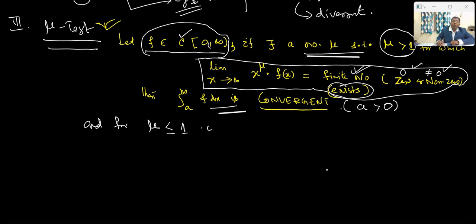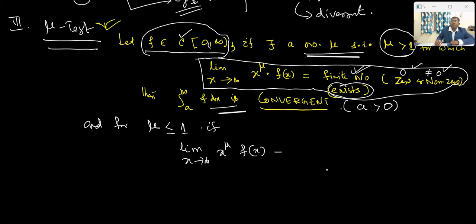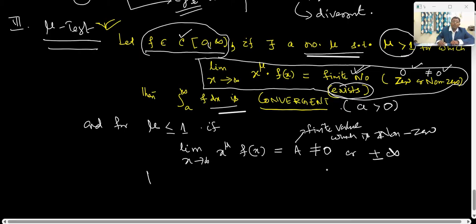For mu less than or equal to 1, if the limit as x extends to infinity of x to the power mu f(x) is some finite value A which is non-zero, or plus or minus infinity, anything, then we say this integral a to infinity f dx is divergent, right?